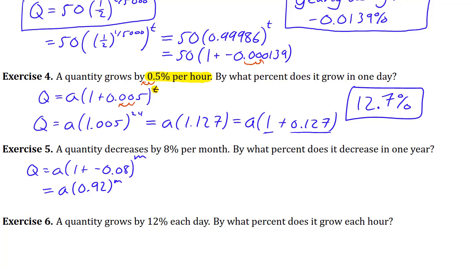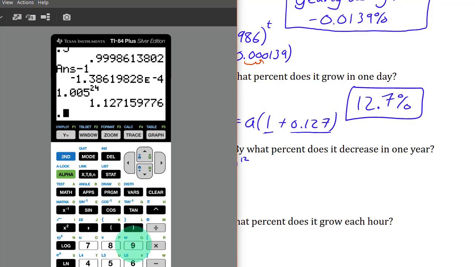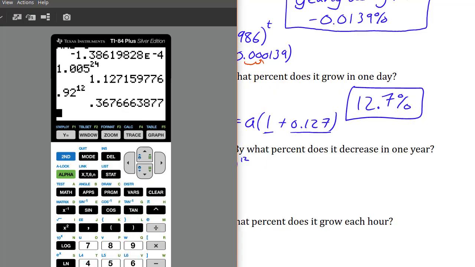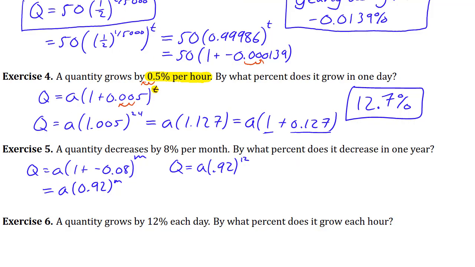By what percent does it decrease in 1 year? That's going to be when m is 12. So 0.92 to the power 12 is 0.368.